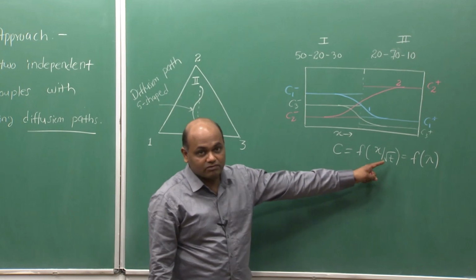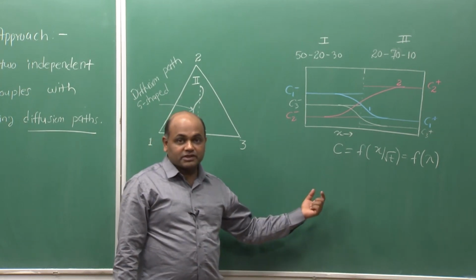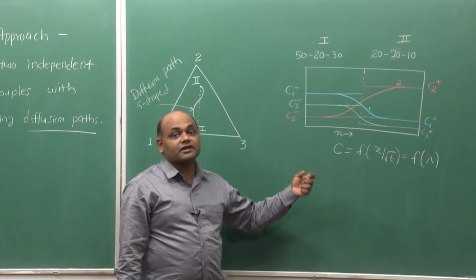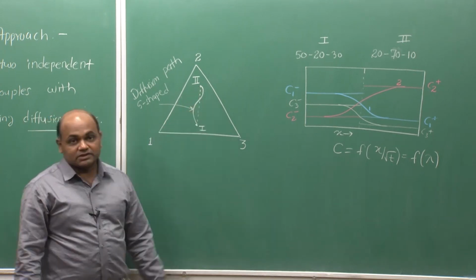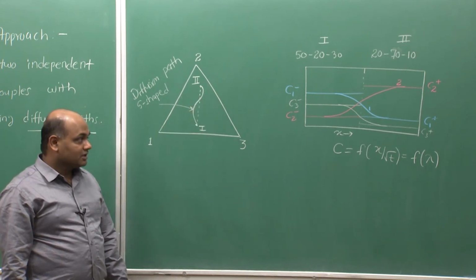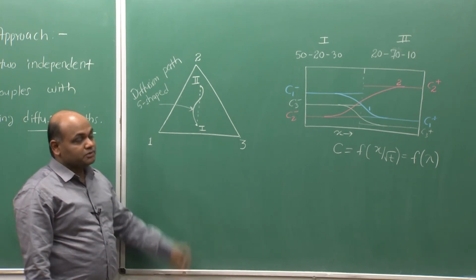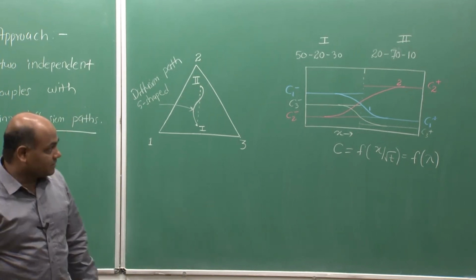It is a function of Boltzmann parameter lambda. There is no new composition plane added or any composition plane getting removed. And so, obviously, the sequence of composition will not change, although the profiles will broaden with time. And so, the diffusion path is independent of time, and this is an important concept.